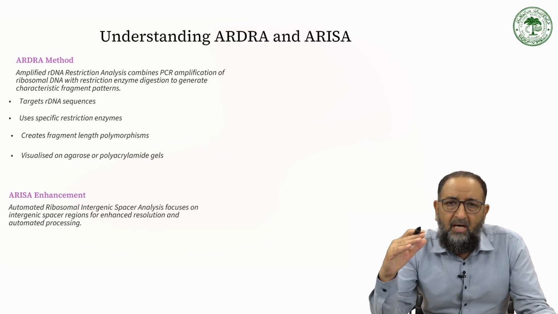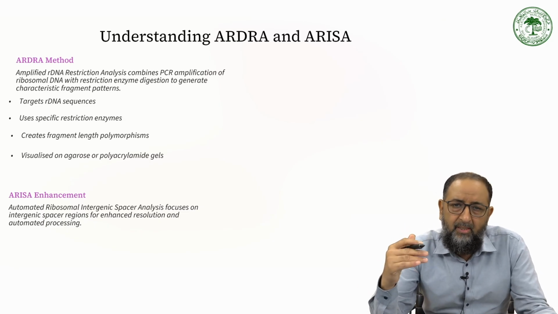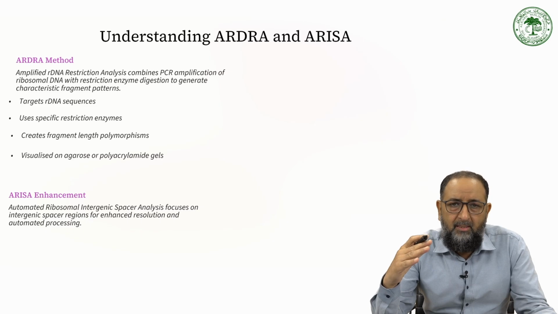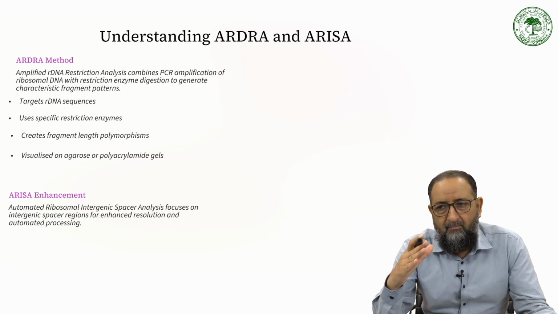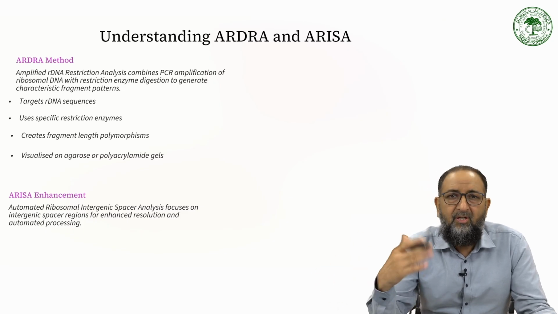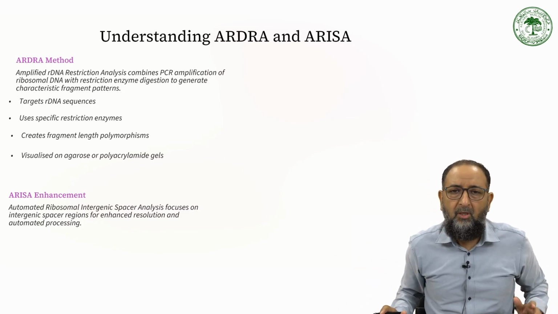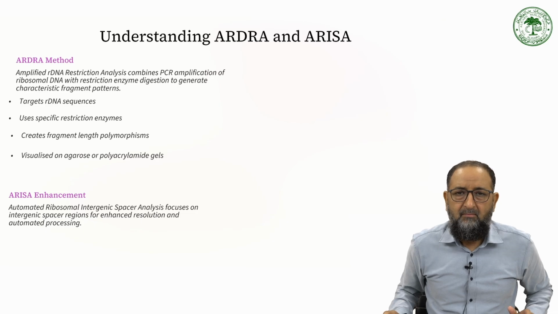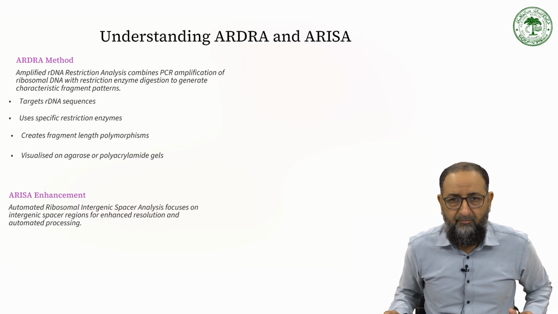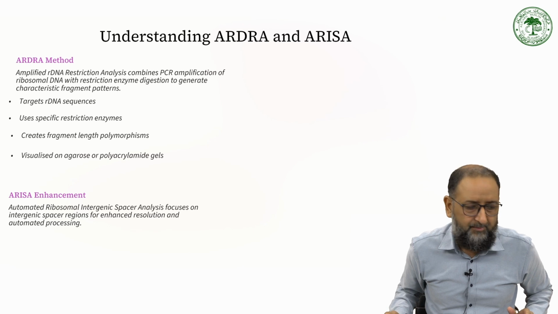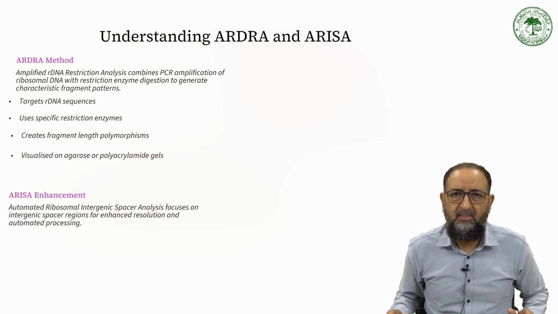Now, ARDRA is a new topic, although it is also used for comparing the variation or mutation among microorganisms through different modes. So again, we can call these two markers, but these markers are based on different principles and different methods. We'll discuss what the different methods and principles are.